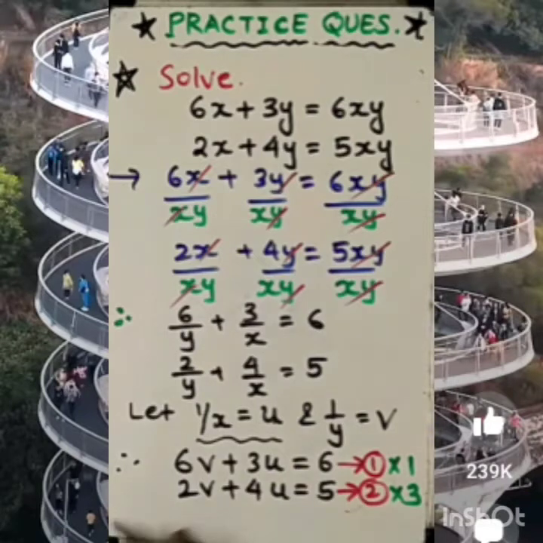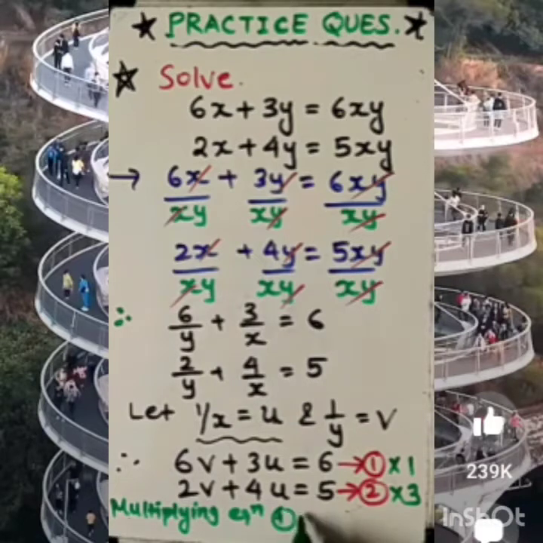So, dear student, I need to write multiplying equation number 1 by 1 and equation number 2 by 3. So, what will be the result? Two equations which we will gain.